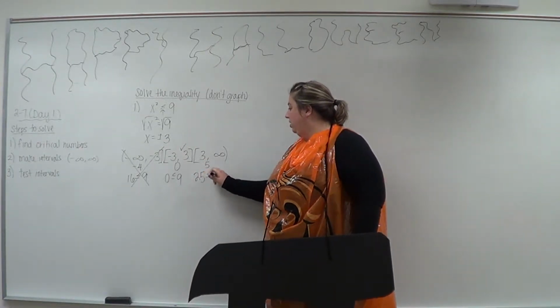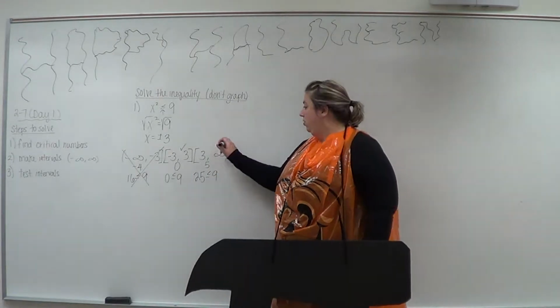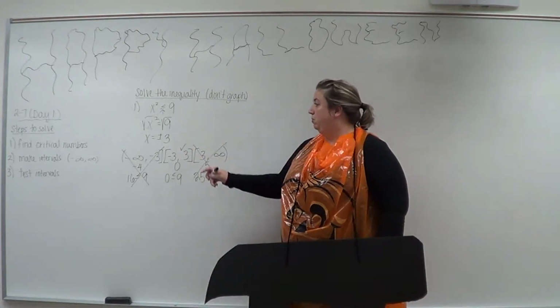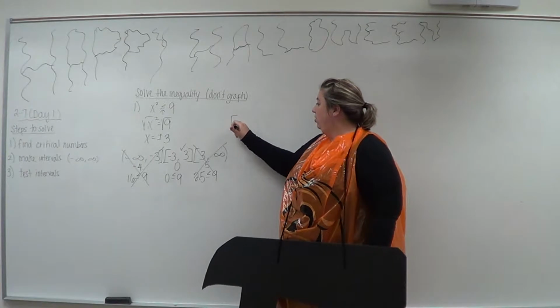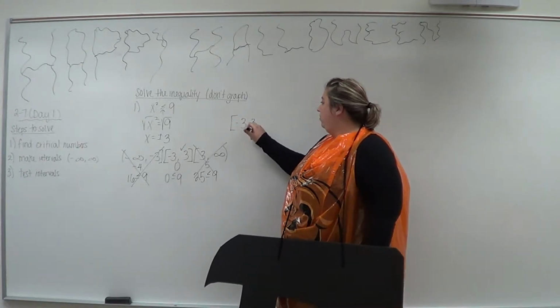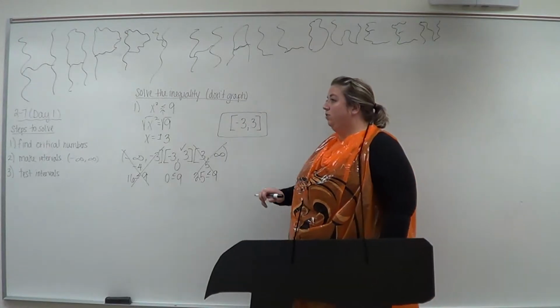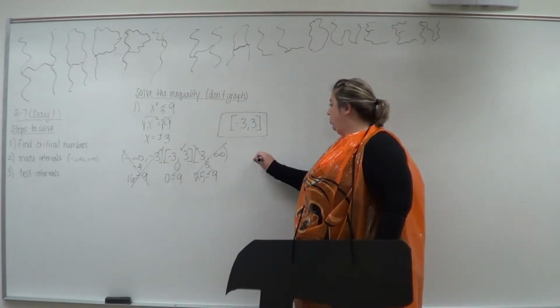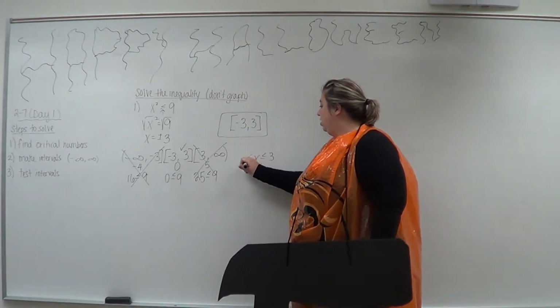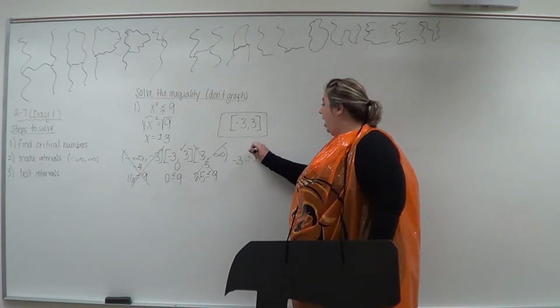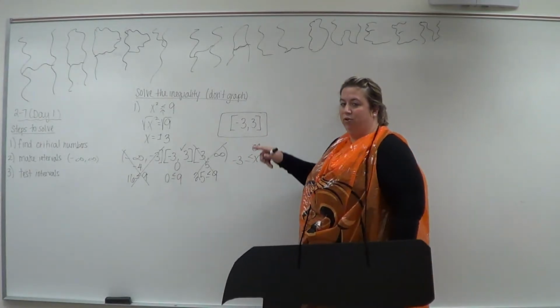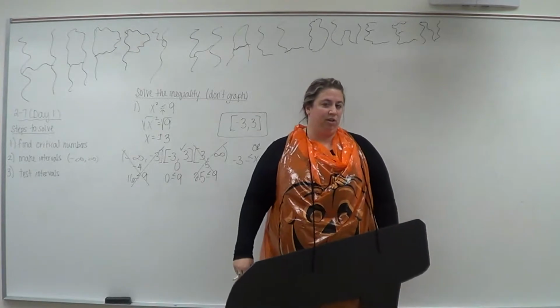Is 25 less than or equal to 9? No. So my answer for this one is the interval negative 3 to 3. If you want to write it like an inequality, you can do that. I'm assuming most of you will leave it in interval notation. So that's how I'll do the other problems.